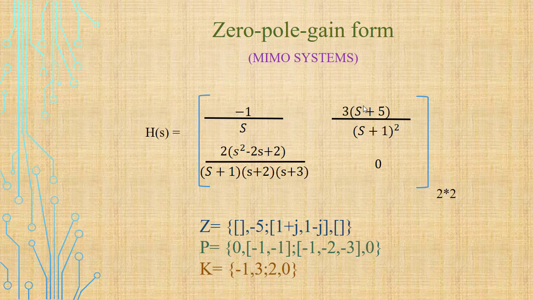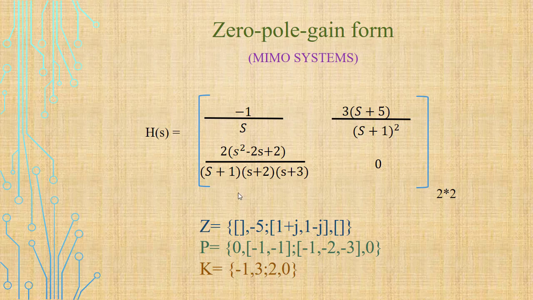For H12, we have here 1 zero, minus 5. For H21, we have here an equation that the roots of the equation are complex conjugate. They are 1 plus j and 1 minus j. And for H22, we don't have zero. We write here empty brackets.